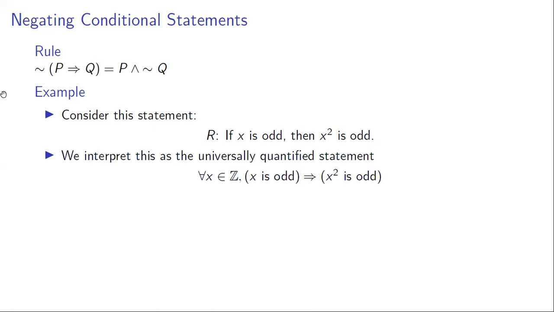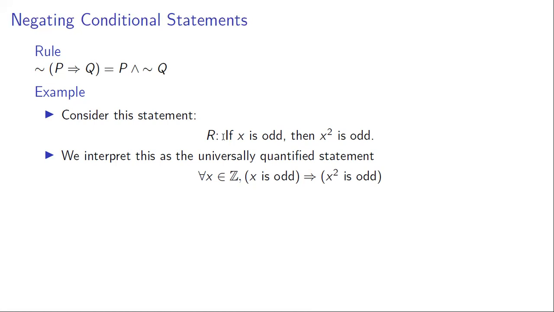In logical notation, as we talked about in the previous video, even though it doesn't explicitly say that this applies to all x, since we have a statement of the form if something then something, we assume that it applies to all things in the relevant set. In this case, the relevant set would be the set of integers, because only integers can be odd.